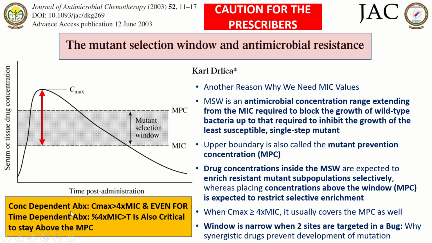For concentration dependent antibiotics, the Cmax to MIC ratio has to be more than 4. For time dependent antibiotics also, the level above the MIC has to be 4 times the value of the MIC, so as to cover that mutant prevention concentration.